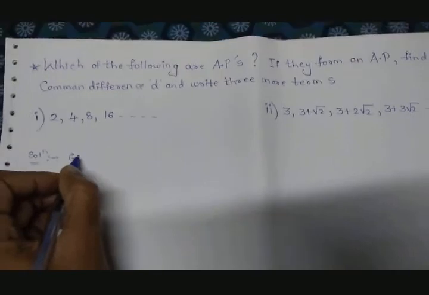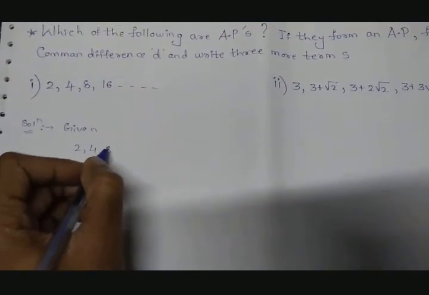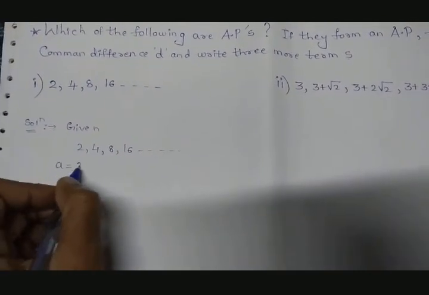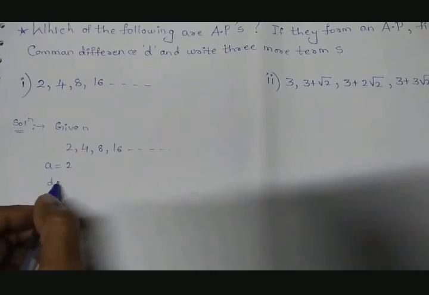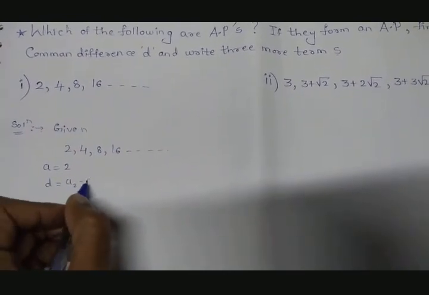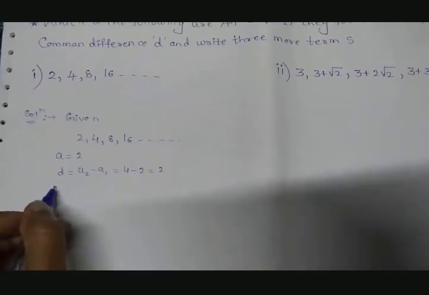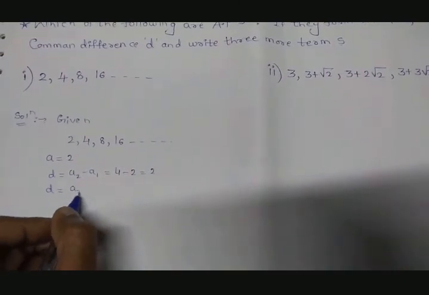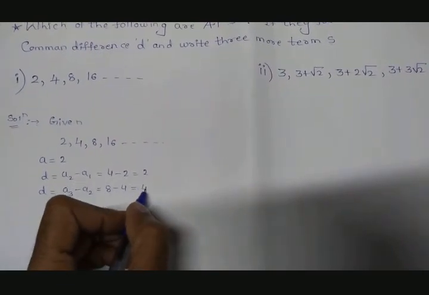Given 2, 4, 8, 16 and so on. Here the value of a is 2, and now we can check the common difference. d is equal to a2 minus a1, which is 4 minus 2, which is 2. Again we check for the third and second term, a3 minus a2, that is 8 minus 4, which is 4.